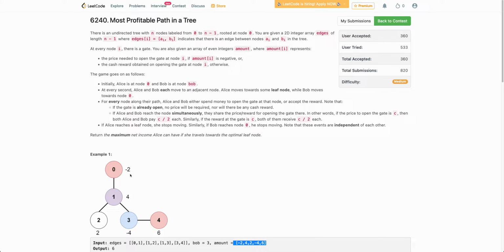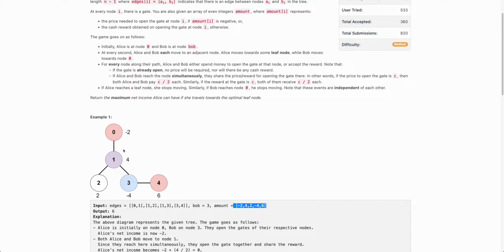Now, if there is a node where Alice reaches first, she will get that much amount, whether it is positive or negative. Similarly, if there is a node where Bob reaches first, he will get that much amount. And if there is a node where Alice and Bob both reach together, then the amount would be split between Alice and Bob, irrespective of whether the amount was positive or negative.